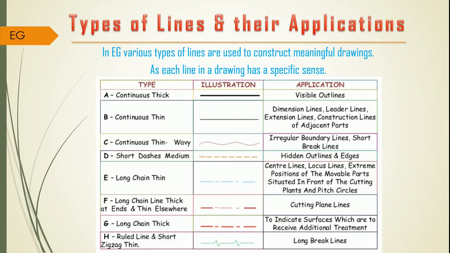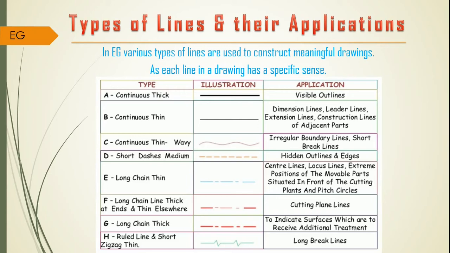This kind of line, more popularly called a cutting plane line, is used to show the cutting part. If you are cutting your object centrally by means of a cutting plane, the cutting plane line representation is done like this, where we have the continuous long chain line but thicker at its ends.